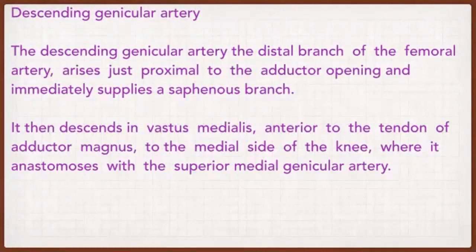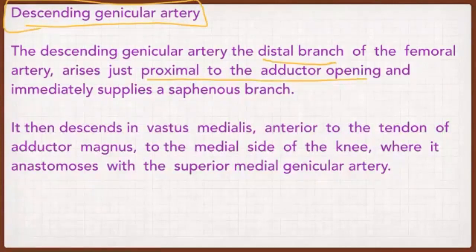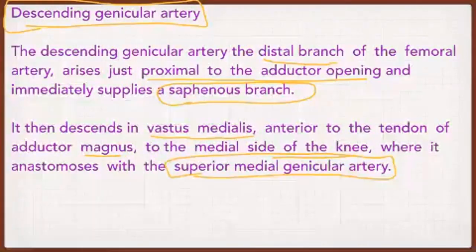Coming to the descending genicular artery, within the vicinity of the adductor canal, it is the distal branch of the femoral artery. It arises just proximal to the adductor opening and immediately gives off the saphenous branch. It then descends in vastus medialis anterior to the tendon of adductor magnus to the medial side of the knee, where it anastomoses with the superior medial genicular artery, right?